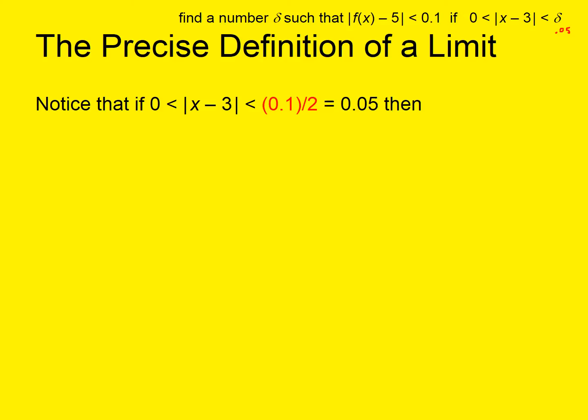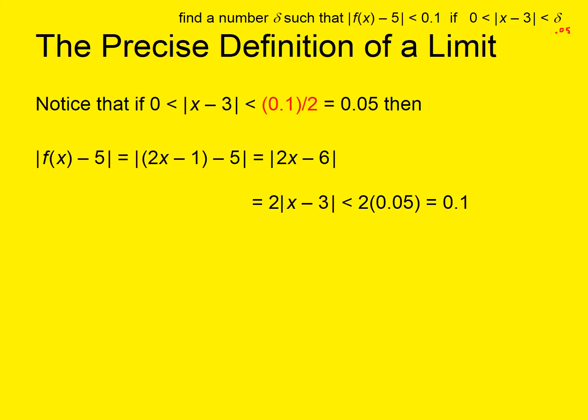Because if absolute value of x minus 3 is less than 0.05, then let's just think about this part of it. Let's think about what happens with this absolute value of f of x minus 5.